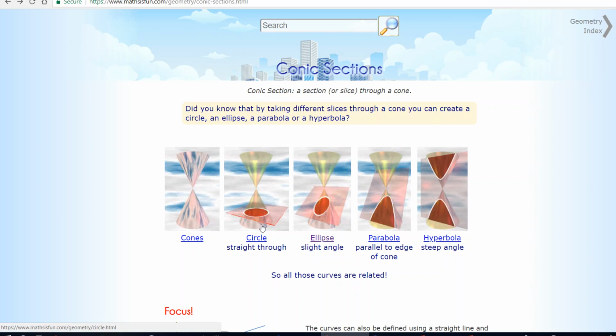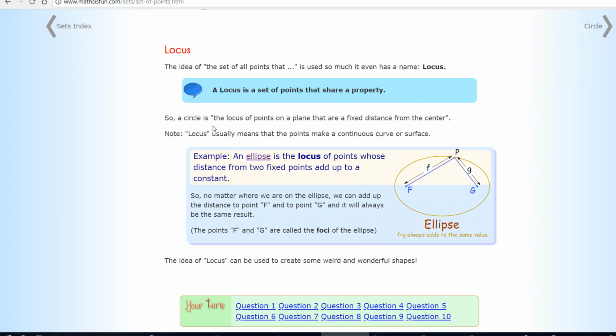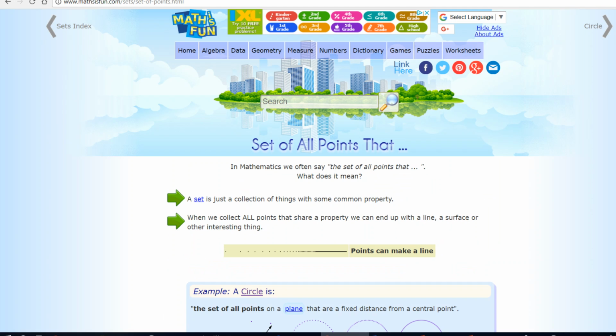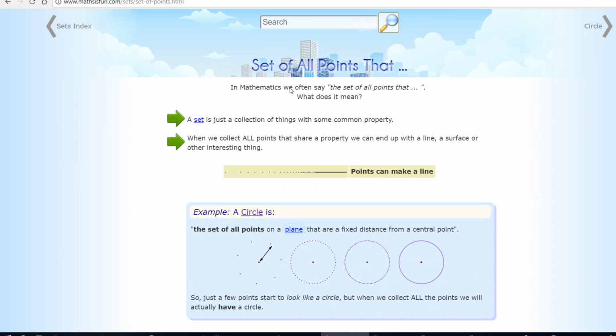So let's first of all talk about a circle, and then we're going to move on and talk about the ellipse. When we look at the circle, it's the set of all points on a plane that are a fixed distance from a central point.